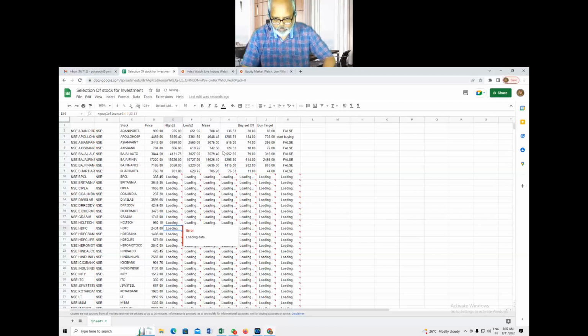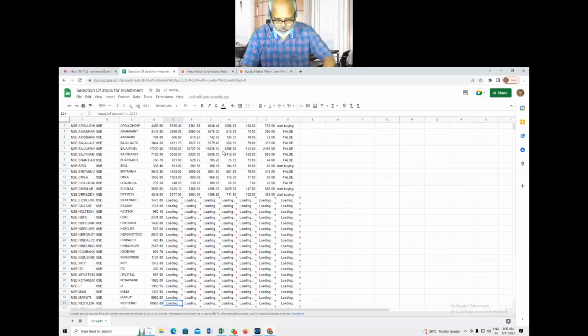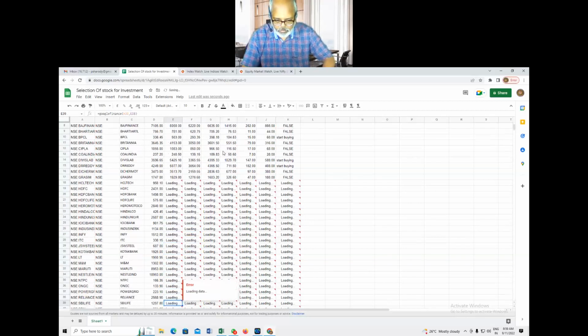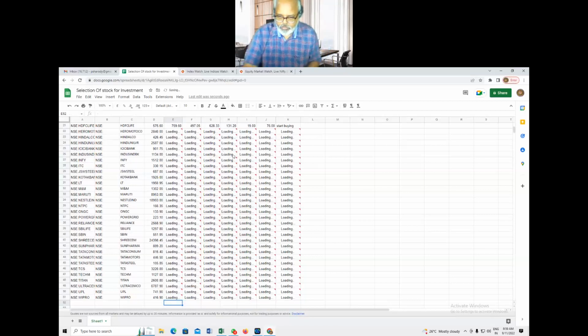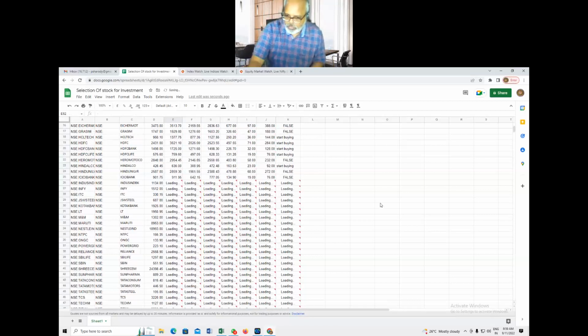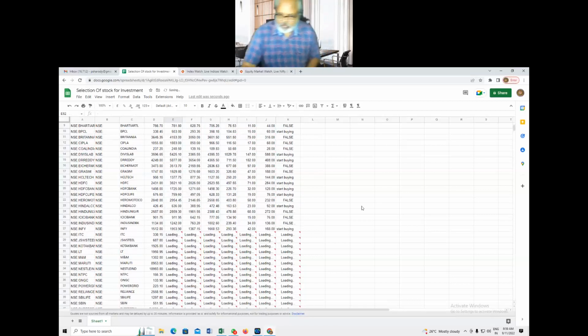Now you can see that Apollo Hospital is showing a buy signal. You can use filters to filter this into a separate sheet, but first let us see how to take the trading in these stocks.